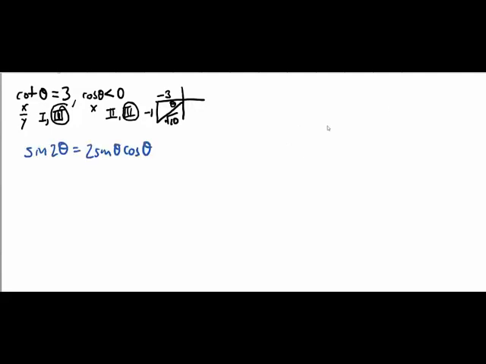So for our first double angle formula, we're going to do the sine of 2 theta. And the sine of 2 theta is 2 sine theta cosine theta. So we look back at the right triangle that we made here in the third quadrant, and we say, okay, what's my sine relationship? According to SOHCAHTOA, it's opposite over hypotenuse.